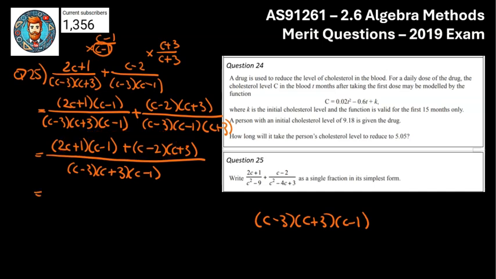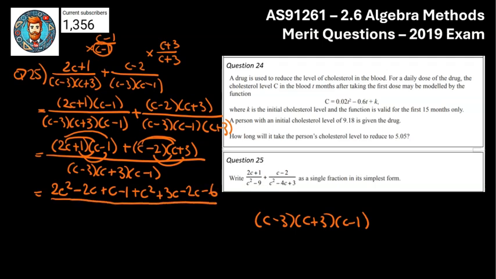So let's start expanding that stuff on the top. So we're going to have that times that, 2c squared, that times that, minus 2c, and then along there, plus c, and then down there, minus 1. Repeat the same, that times that, c squared, that times that, plus 3c, that times that, minus 2c, and then that times that, minus 6.